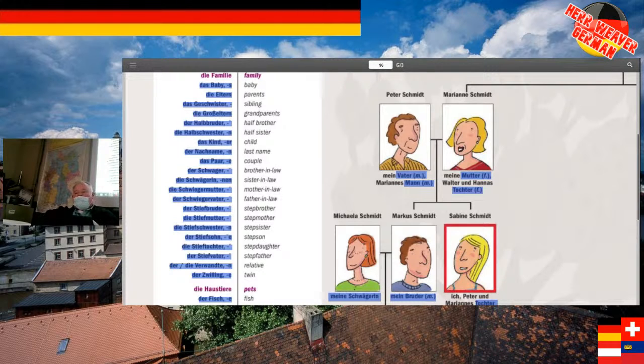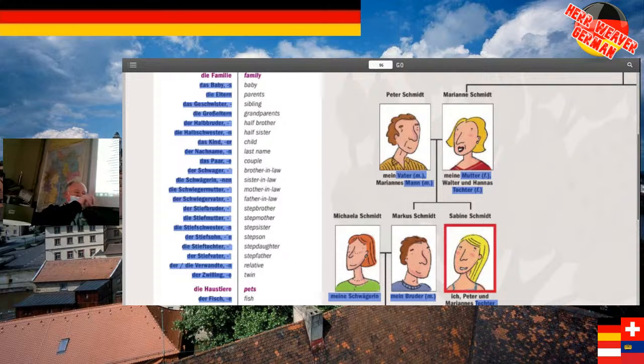Gut. Und ist Peter Schmidt Michaela Schmidts Vater? Nein. Say it. The word Vater is in the answer. Nein. Großvater auch nicht, ne? Schwiegervater. Was heißt Schwiegervater? Auf Englisch, was ist Schwiegervater? Father-in-law.